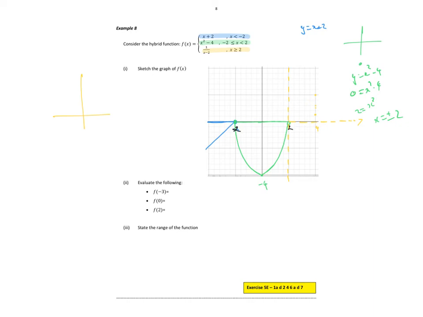So I'm just going to sketch my hyperbola in that section there. And that looks pretty right, I think. So it's a hyperbola. It's shifted across 2 units to the right. There's no x-intercepts or y-intercepts. So there's my graph. There's the 3 sections of my graph.